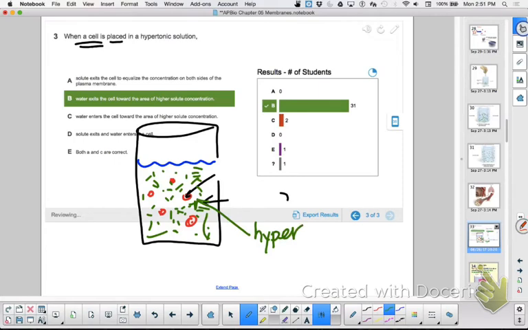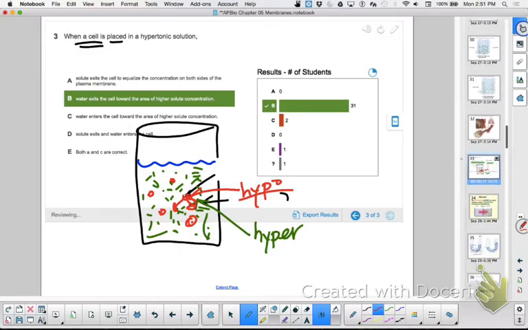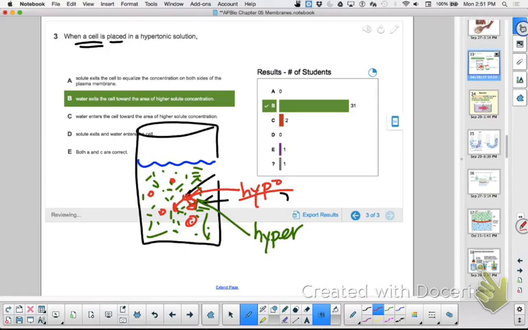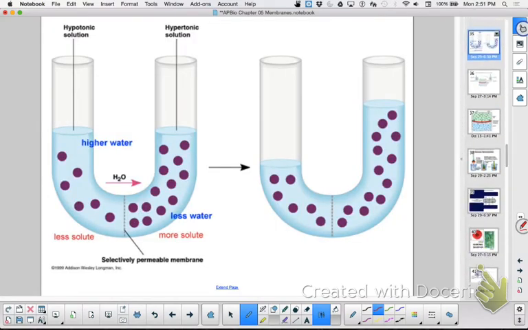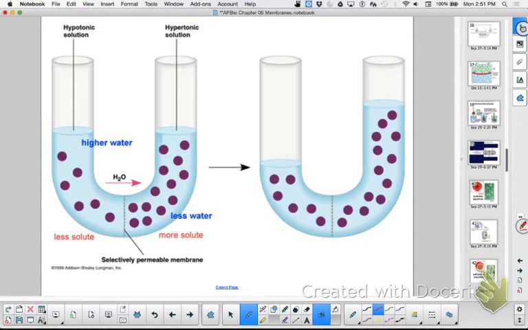And my red blood cells are now hypo relative to the solution. And it says when a cell is placed in a hypertonic solution, yes, water will exit the cell because the cell is hypo, water will exit. Water must flow from the hypo into the hyper. Okay, ask your bio buddy, do you get it? Remember this? You good with that? I don't get this. Okay.